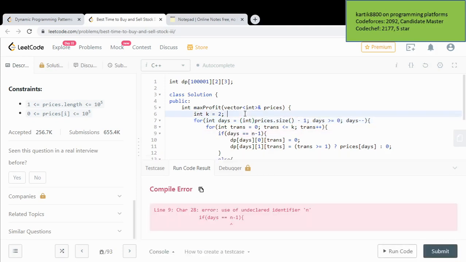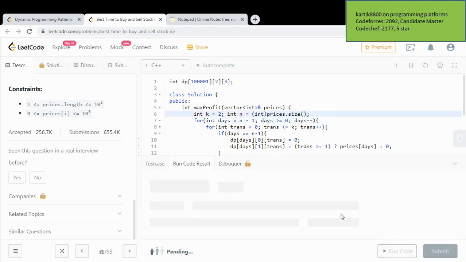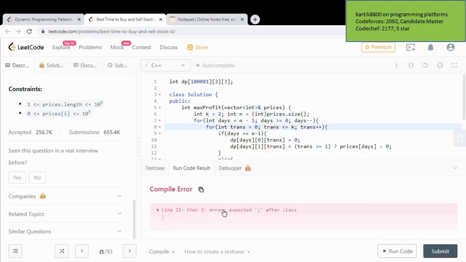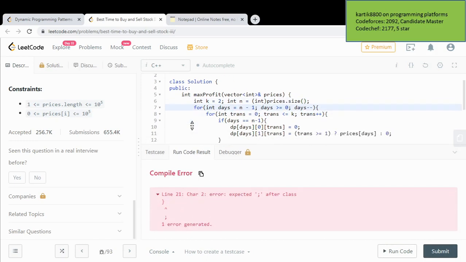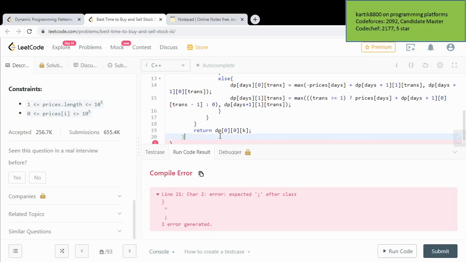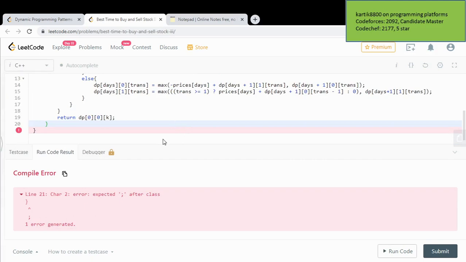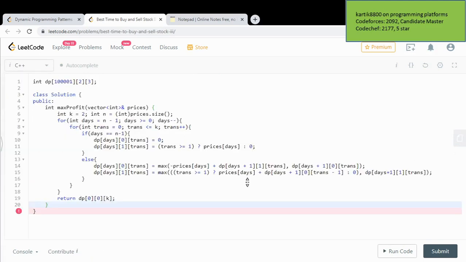Okay, let me just define integer n equals to... now we're at line 21. Why don't I see any problem here?